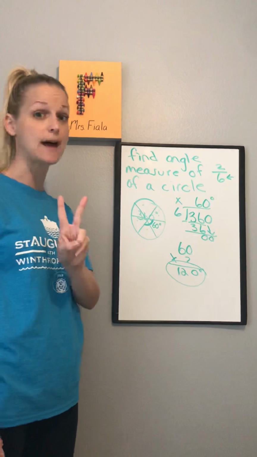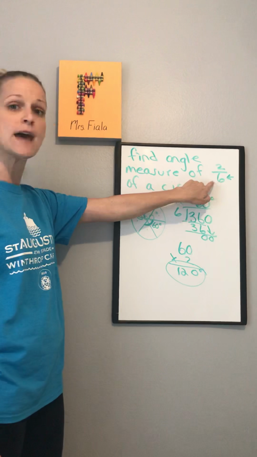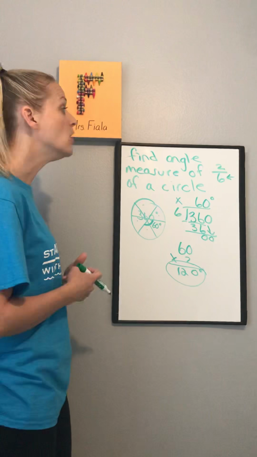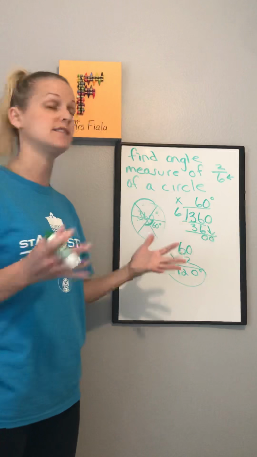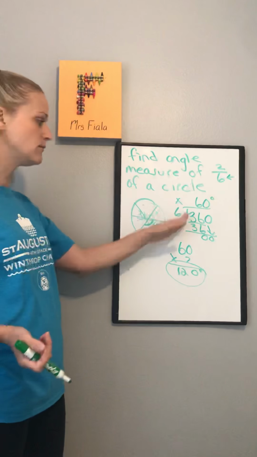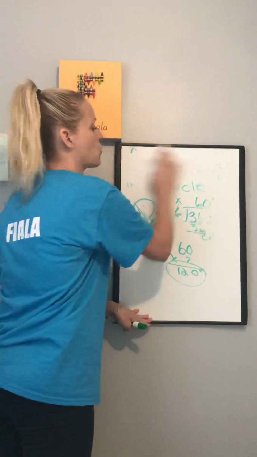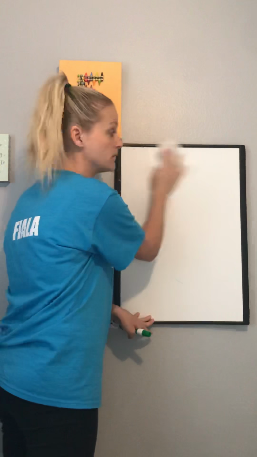There are 2 steps. Remember that for your quiz. It's the same steps. It doesn't matter what fraction you're given. You could be given 4/8 of a circle, 5/8 of a circle, or 3/12 of a circle. Same 2 steps.